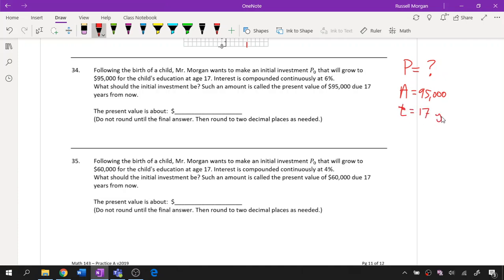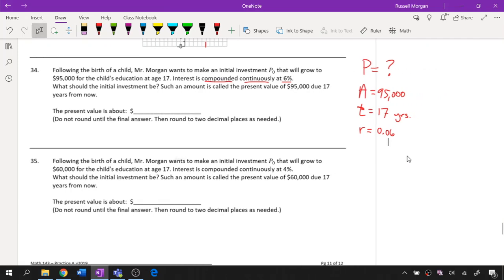It says interest is compounded continuously at 6%. So that's continuously compounded interest, and 6% is the rate. That's 0.06. And since it's compounded continuously, it has to do with that natural number e, and with what's called the continuous compound formula.